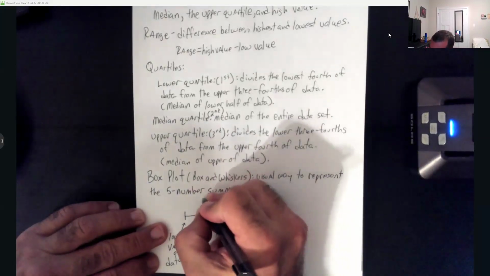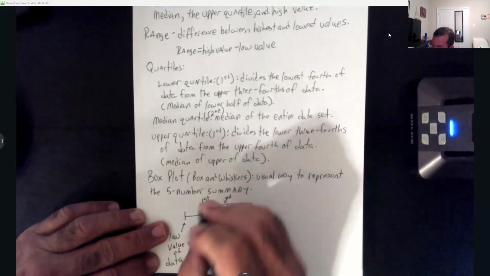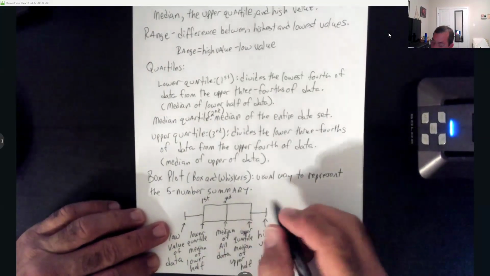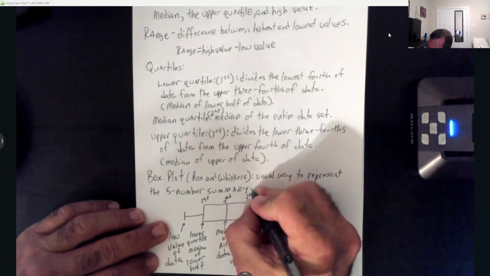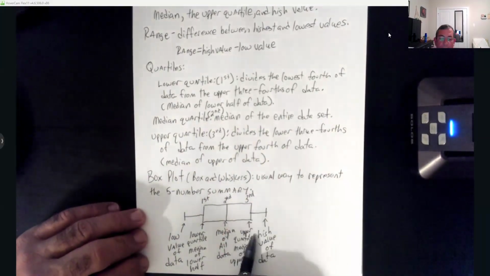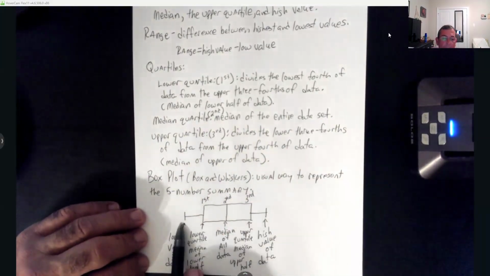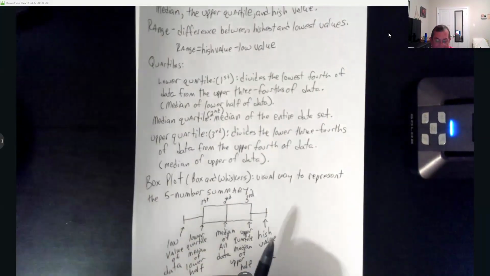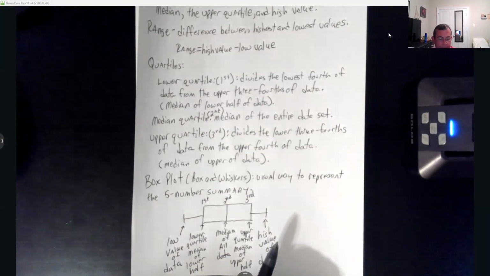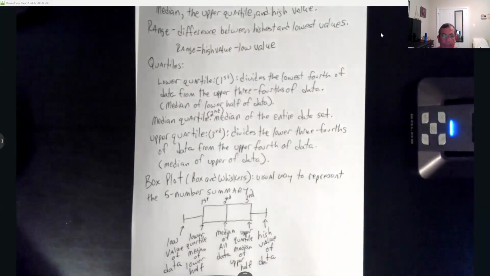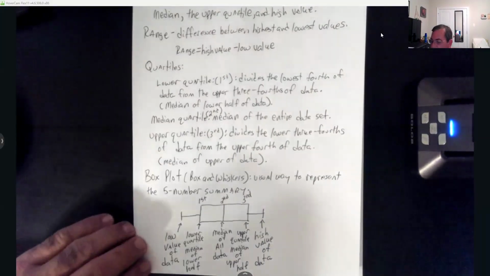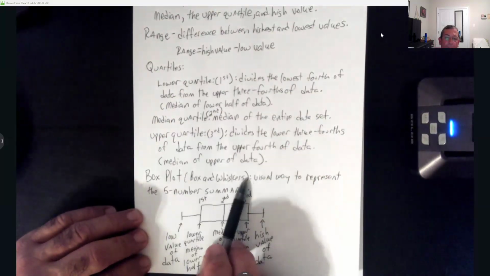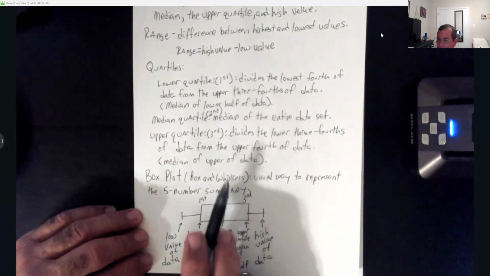Okay, so this would be the first quartile, which is my lower, second quartile, which is my median, third quartile, which is my upper quartile. The left whisker is the low value, right whisker is the high value. So that's dealing with your five-number summary and how to do your box plot, okay? You're just finding a lot of medians on this.